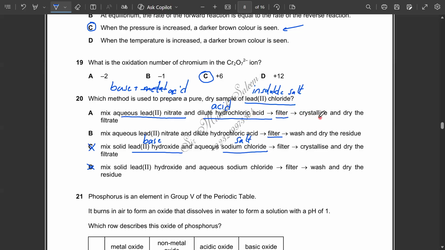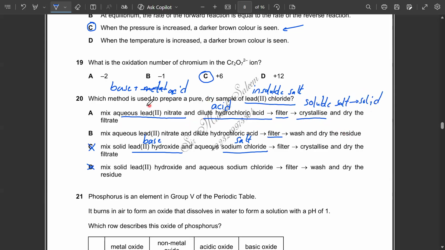After filtration, A says crystallize and dry the filtrate and B says wash and dry the residue. If we remember, crystallization was done to convert the soluble salt into the solid form, and the solid is the required salt.